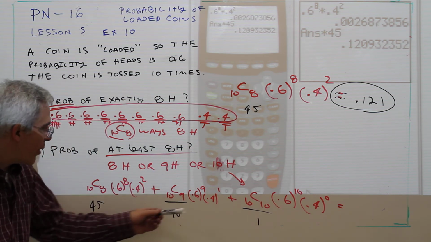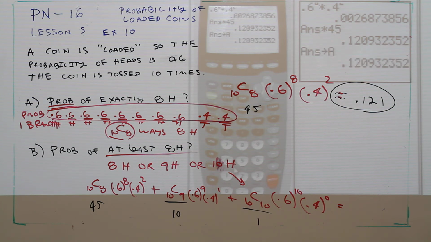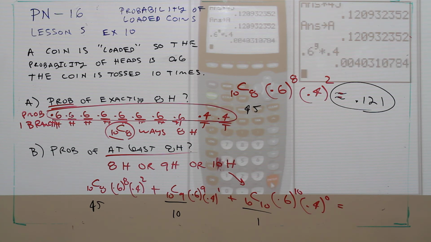And then I'll just quickly do this. I'll store that into alpha A. Okay, so I'll do the next one. 0.6 to the 9th times 0.4 to the 1. Multiply that by 10.